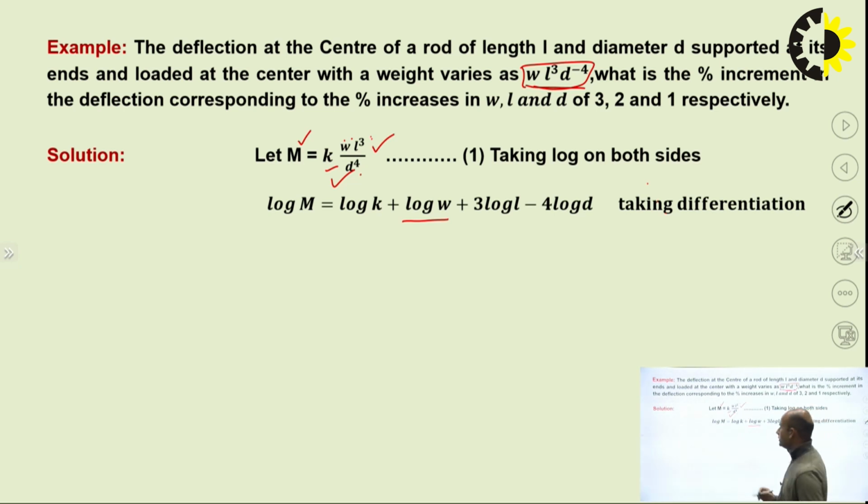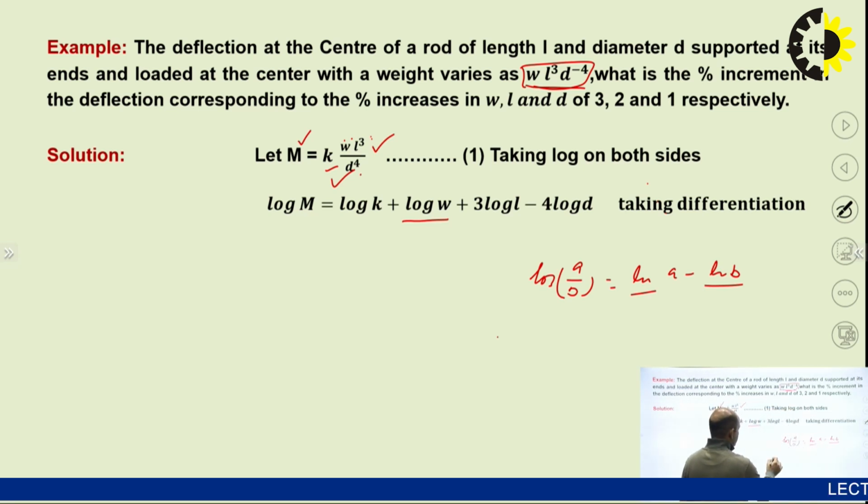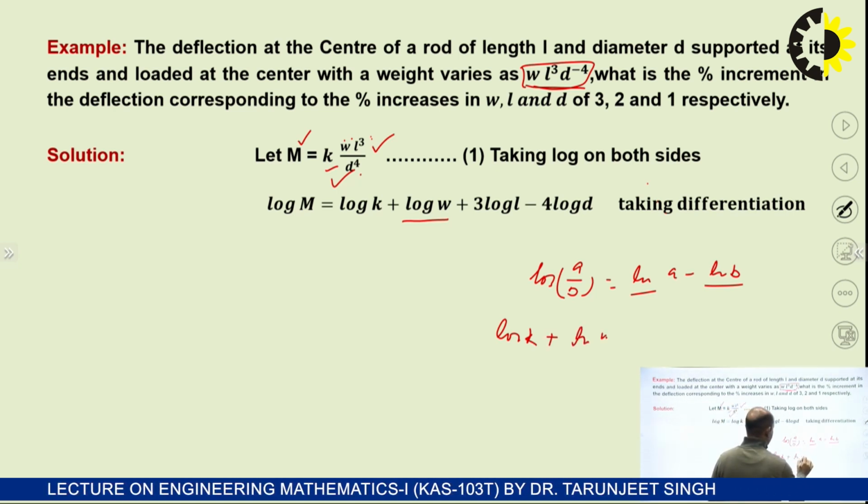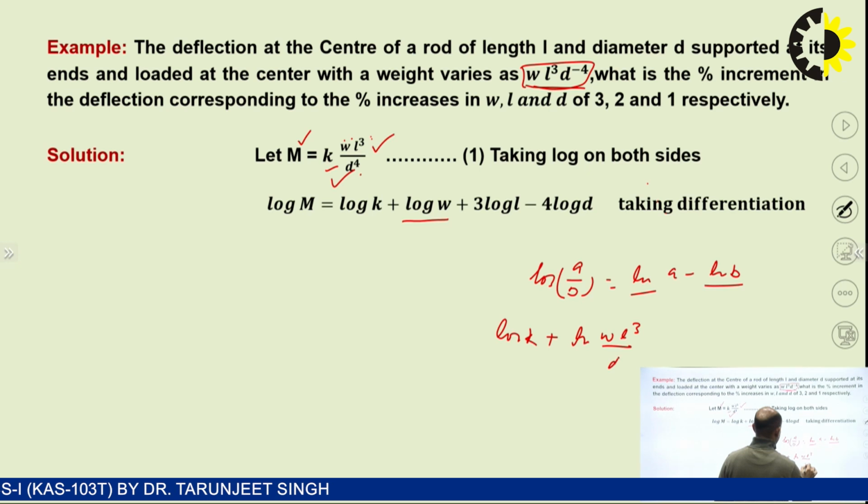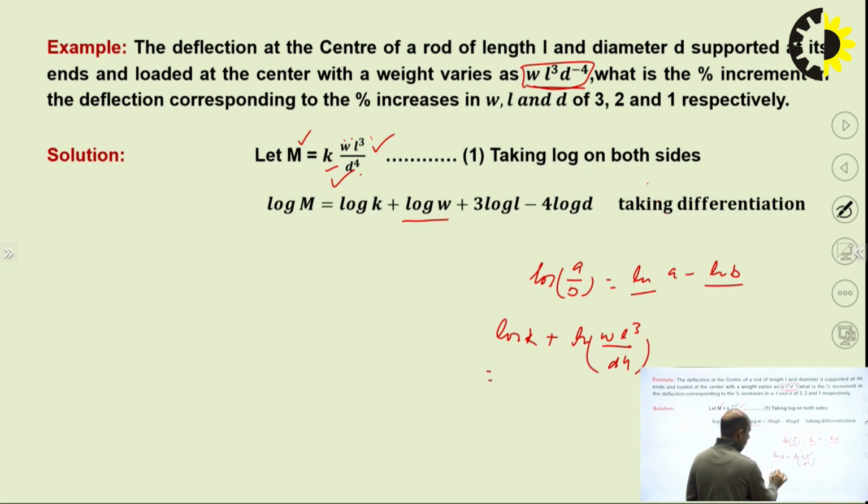As we have a formula in which, suppose we have logarithm of A upon B, then we have logarithm of A minus logarithm of B. So we have logarithm of m as logarithm of k plus logarithm of W L cube upon D raised power 4. So we have logarithm of k plus logarithm of W plus logarithm of L cube and minus logarithm of D raised power 4.